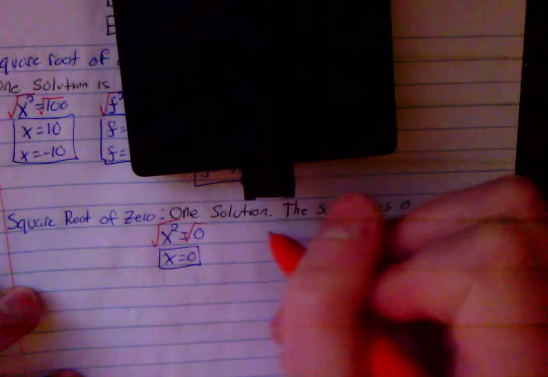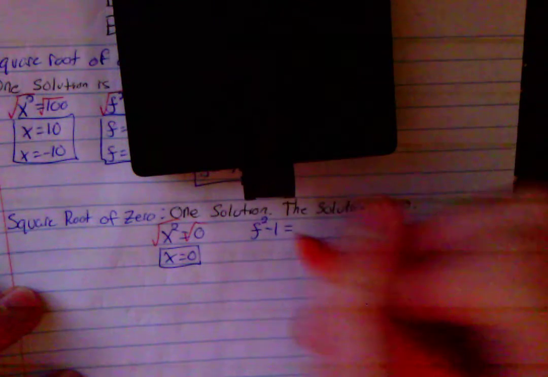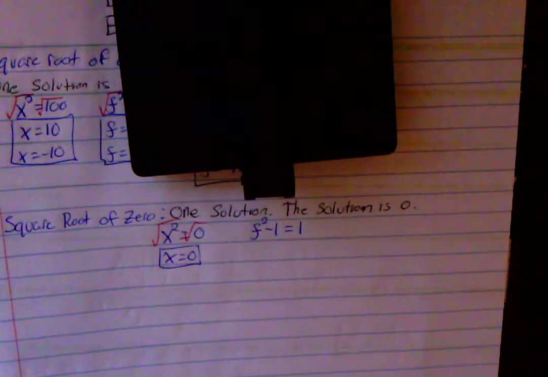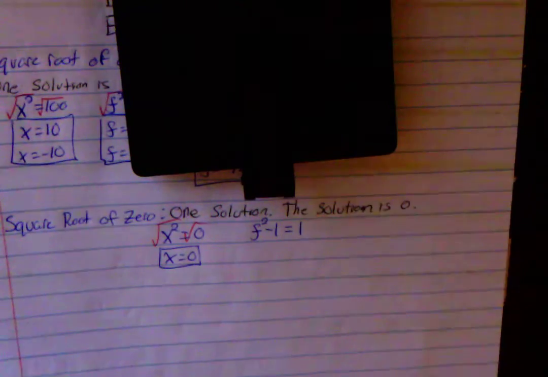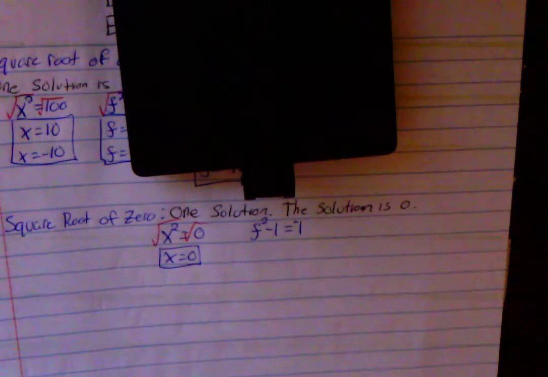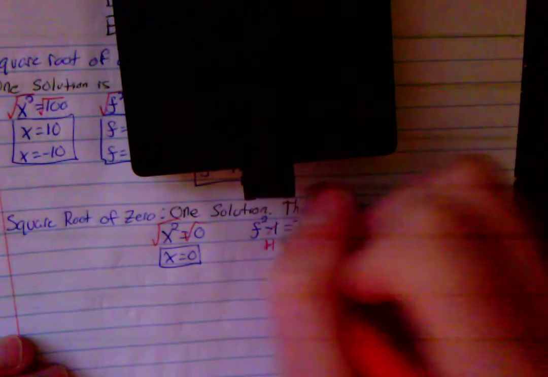A similar question you might see is f squared minus 1 equals negative 1. So here we would have to add 1. Those cancel.